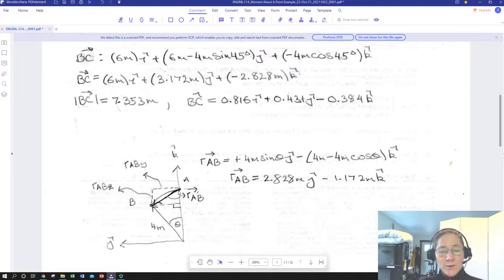So we need to go through a little bit more geometry to get our radius vector from point A to point B, which we're going to use in our moment calculation.